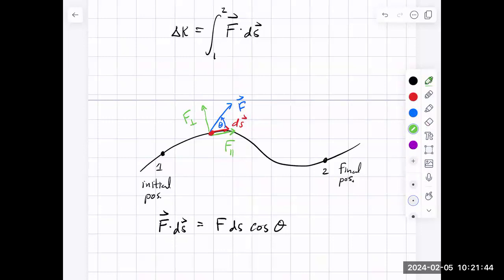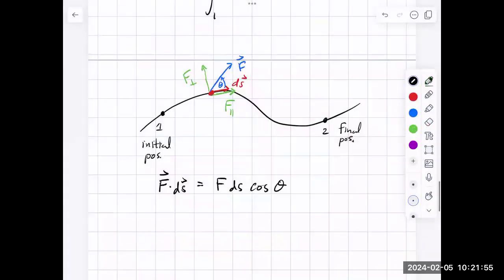And it's only the part F times cosine theta, which is equal to F parallel, that is going to contribute. So this is the same thing as F cos theta times ds. I just changed the order of the factors, but this F cos theta is just F parallel, the component parallel to the displacement that contributes to the work.